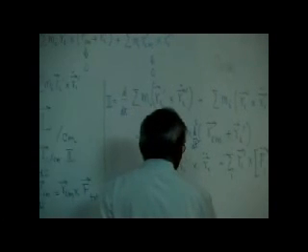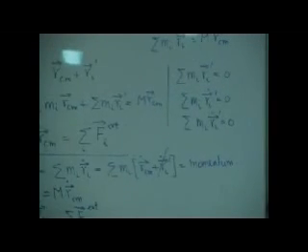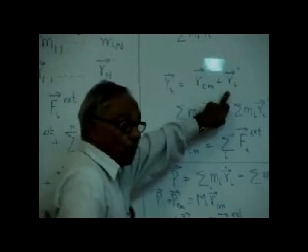Which I write as summation over i of ri prime cross. You are replacing what? Ri prime. Yes, please. See, Ri is equal to Rcm plus Ri prime, am I right? Ri is Rcm plus Ri prime. Just see the second step.